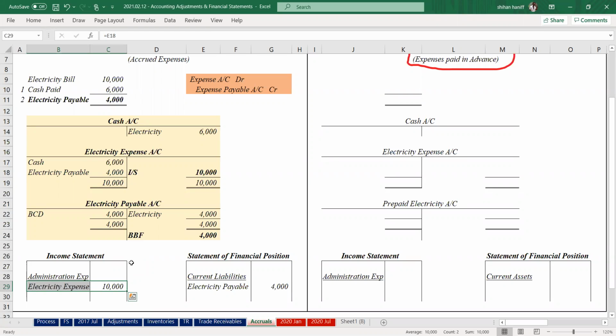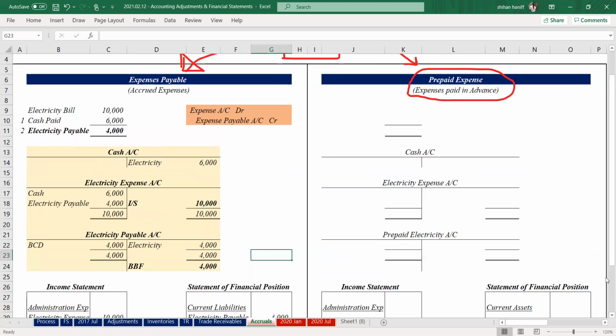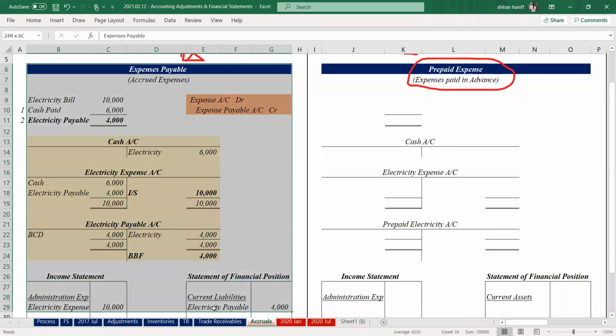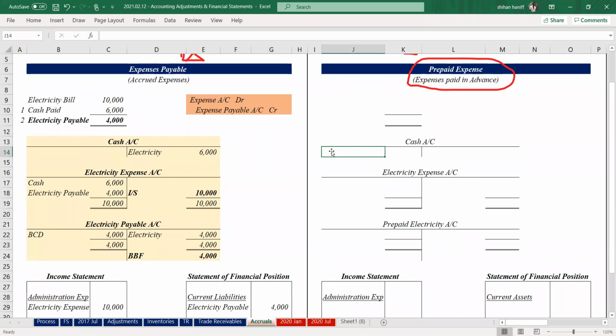So you take the paid amount plus the payable amount. The payable amount will be considered as a liability under current liabilities. The total amount comes to the income statement, and the payable amount comes to the statement of financial position. So that's about the electricity or expenses payable. You can copy this note.